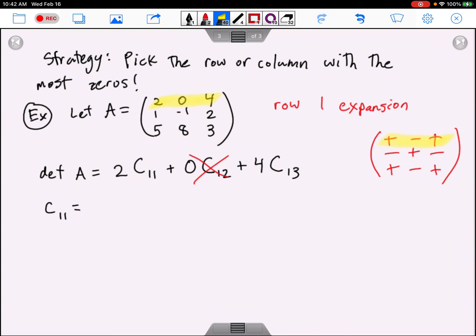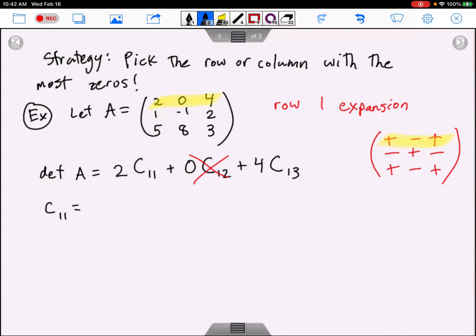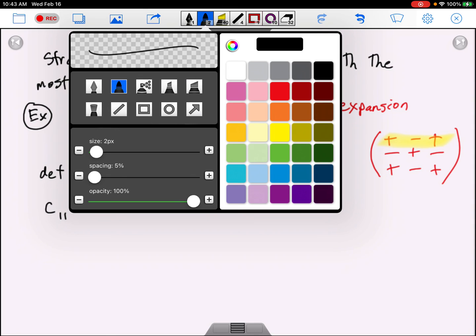So that means for C11, because there's a positive there, this is going to be positive 1 times the determinant of what you get when you delete the first row and the first column. So I want you to look up here.